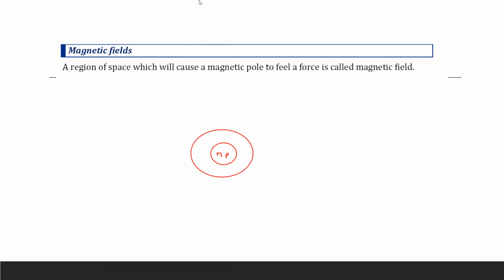These charged particles are moving, and because of the movement of these charged particles, this atom will behave like a magnet. And when an atom is behaving like a magnet, we call that a domain. So this whole atom has its own magnetic field, and we call that a domain.